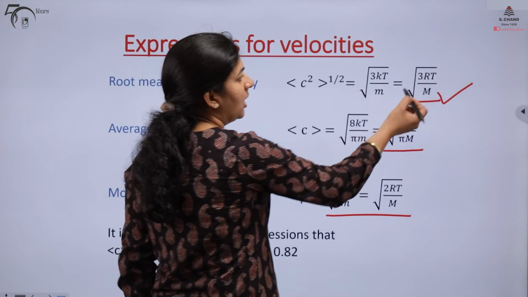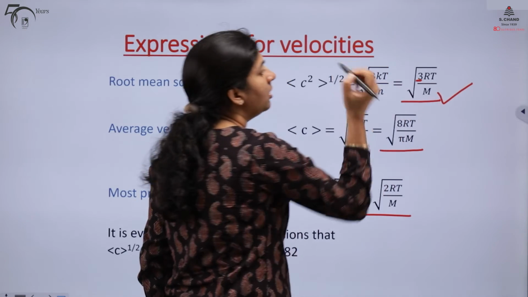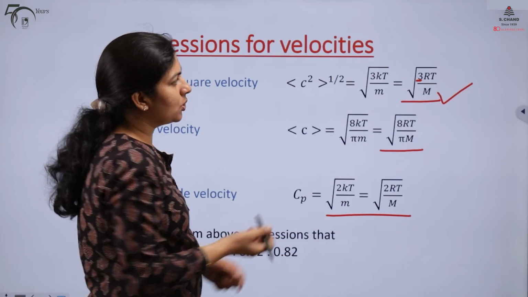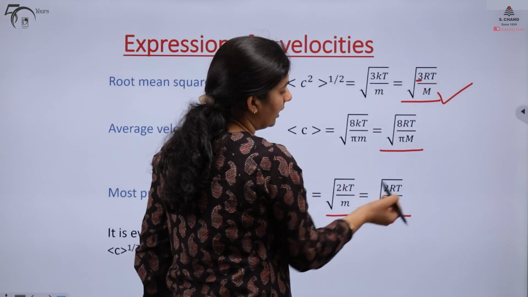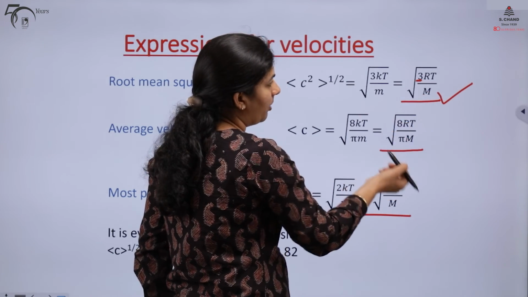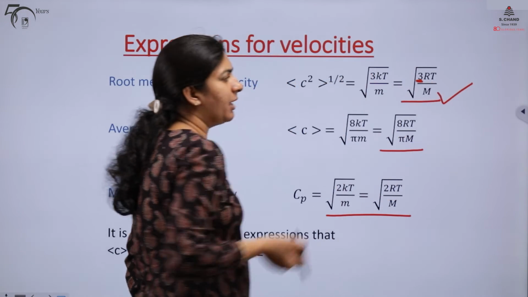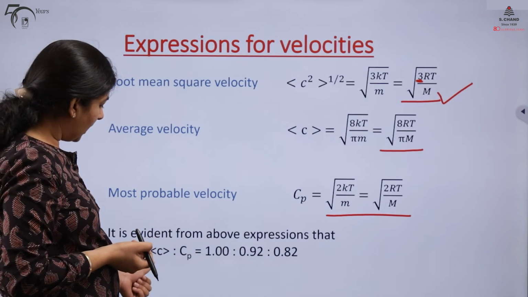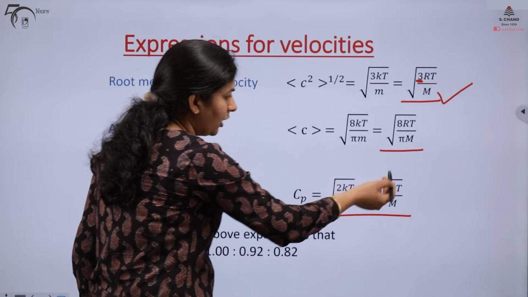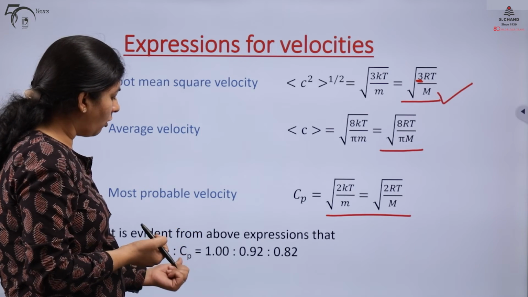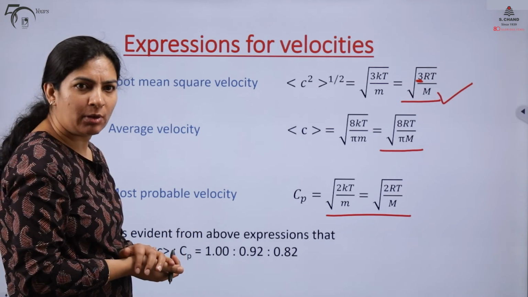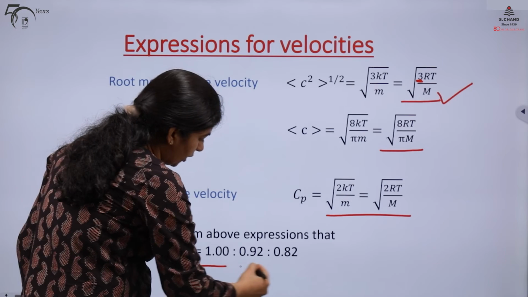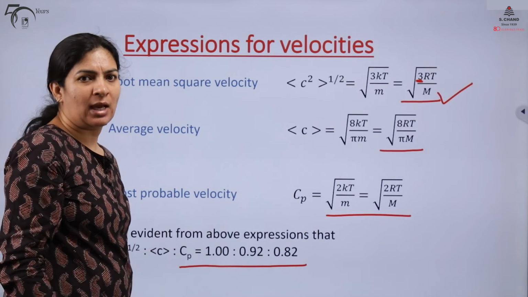What is changing is this particular constant value. So of all the 3, 2, 8 by pi, 3 is biggest. So root mean square velocity, and then we would be having average velocity, and the least of all is your most probable velocity, and their ratios are expressed as this.